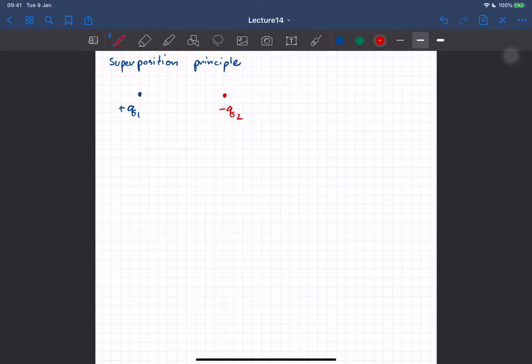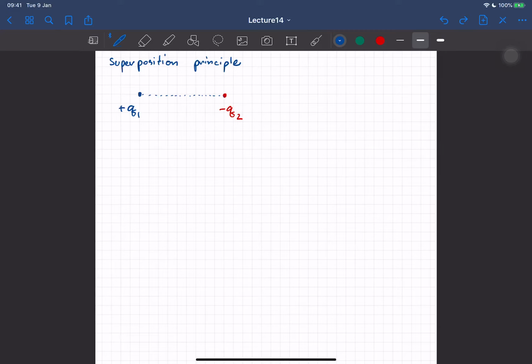If we just have these two charges, let's draw the force on Q1 and Q2. The force between the two charges is gonna point along the line joining the two, away from each other or towards each other, depending on the polarity. And we know that they are opposite polarity, so they attract each other.